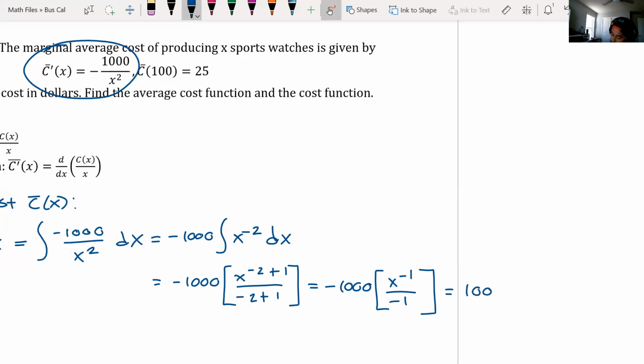So you get 1,000 X to the negative 1 plus C. And there's part of our average cost function. We now need to solve for C to complete it.